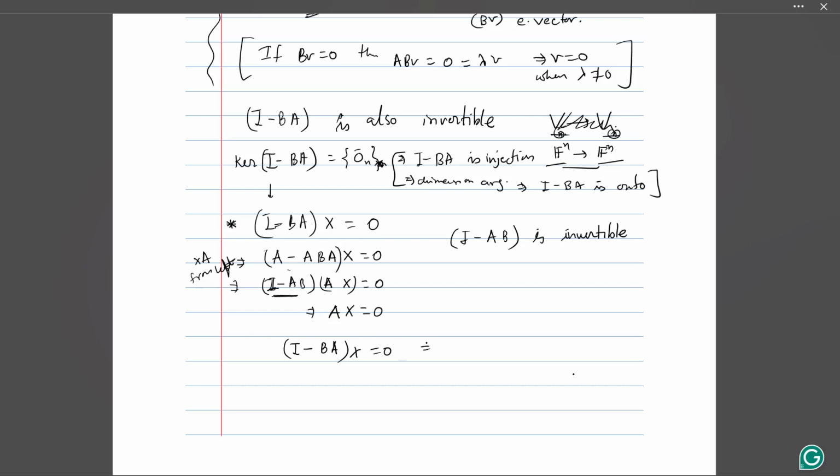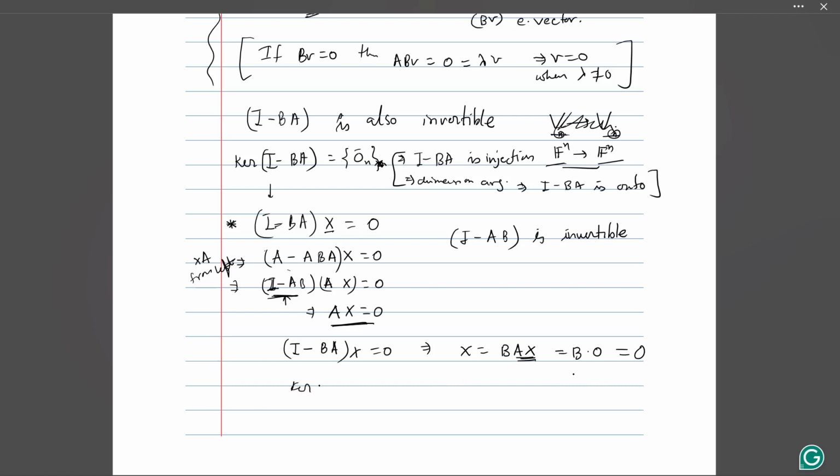But this implies X is equal to BAX. But AX is equal to 0, we just got because of invertibility of this I minus AB. So this is B into 0. But B into 0 is nothing but 0. So X is 0.